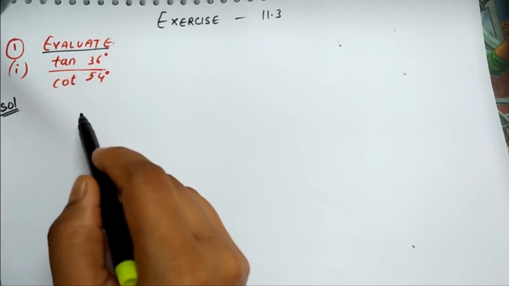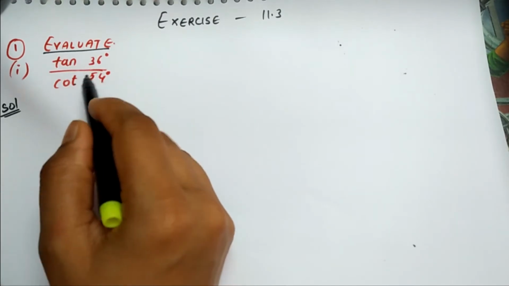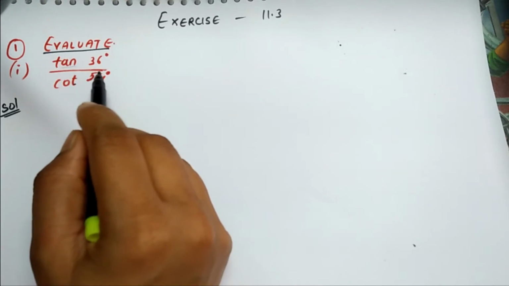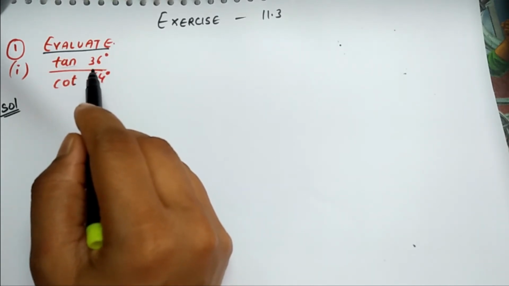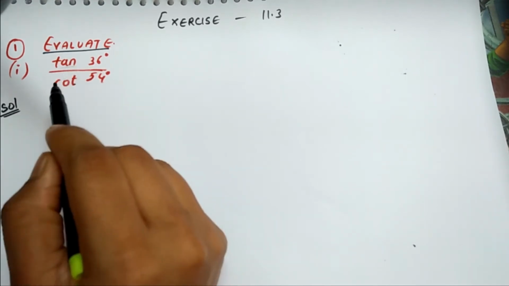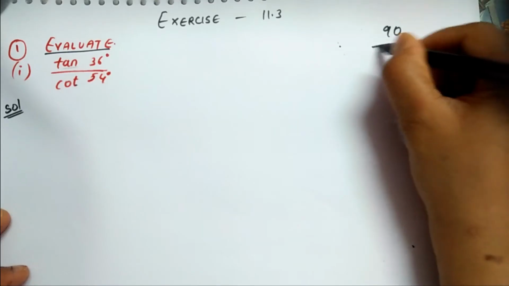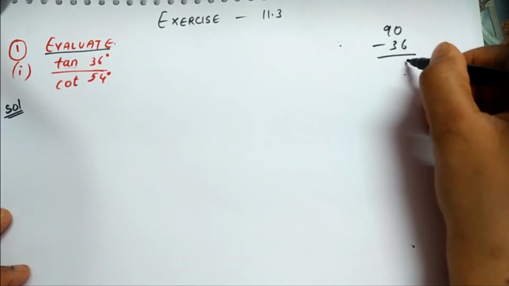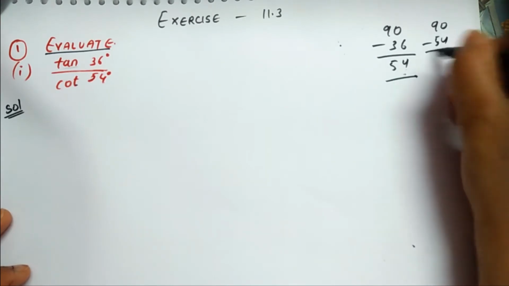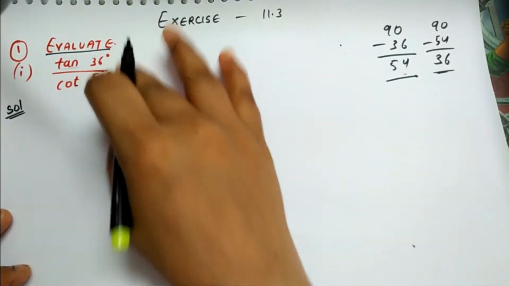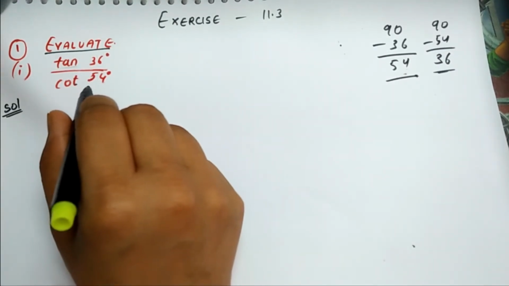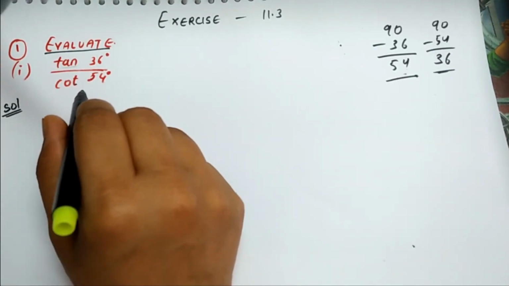So there will be some relationship, whether it is division, multiplication, subtraction or addition, between the two ratios. 90 minus 36, what is it? 54, right? Or 90 minus 54 is nothing but 36. These both values are interdependent on each other. You should take this notion to quickly arrive at the value.